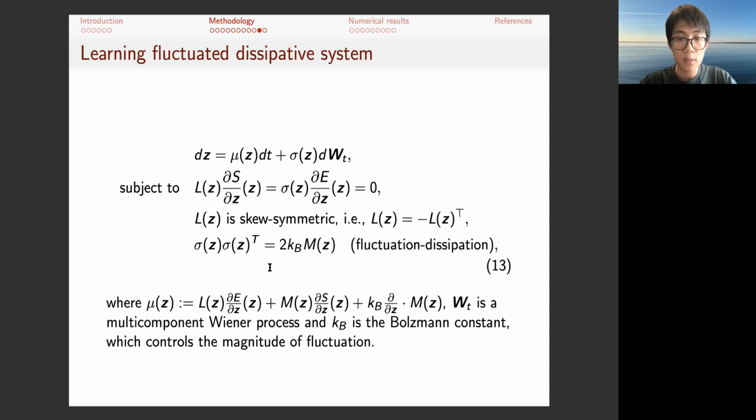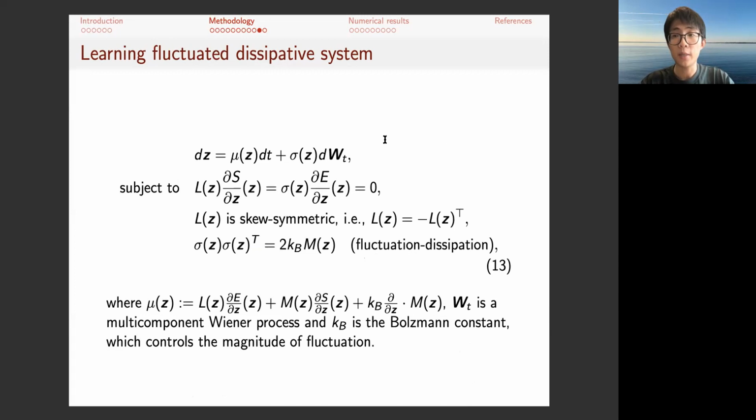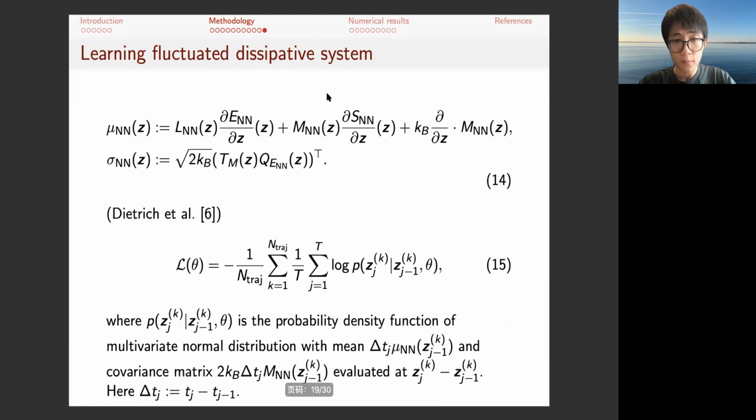Yes, so this line is just the fluctuation dissipation theorem. And so we can also do data-driven discovery on this stochastic system, in the sense that we assume that we have data generated from this SDE, and we can utilize this formalism to learn both mu and sigma.